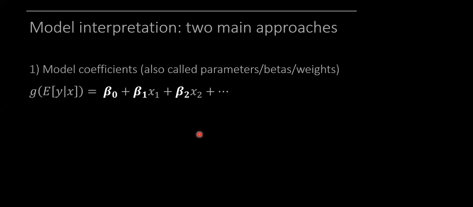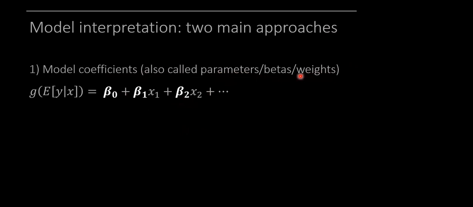I think there are two broad approaches that can be very useful. The most common one, by far, is to look at the model coefficients. You might also see them referred to as parameters, or betas because of the typical notation, or weights.